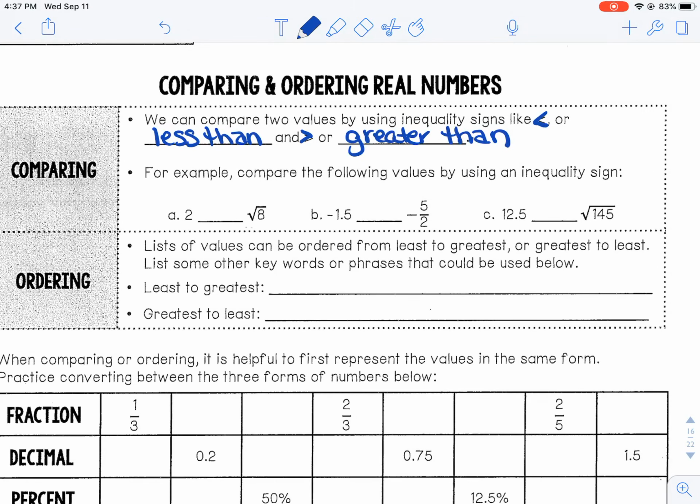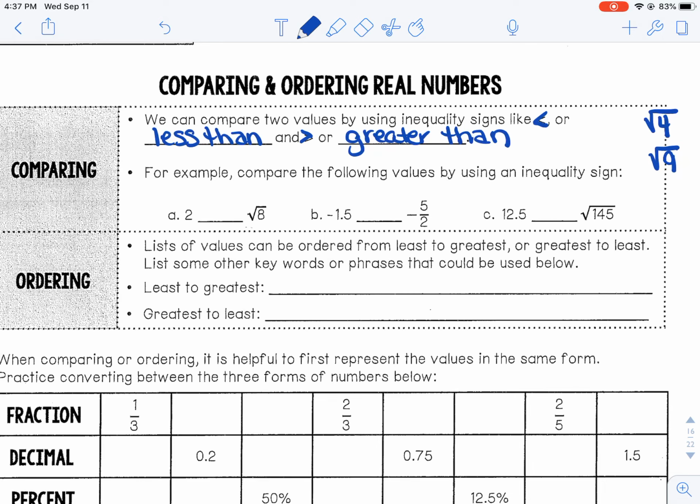So if I'm looking at A, I have 2 and I'm comparing it to the square root of 8. Well, hopefully you'll remember that the square root of 8 falls in between the square root of 4 and the square root of 9. Well, the square root of 4 is equal to 2, and the square root of 9 is equal to 3.